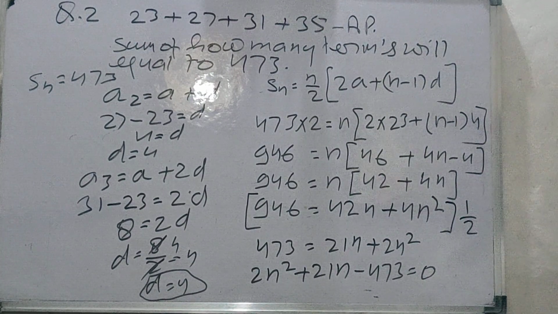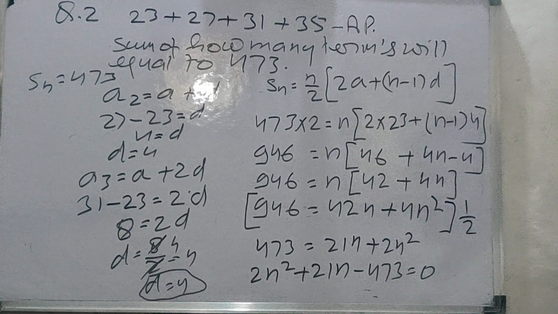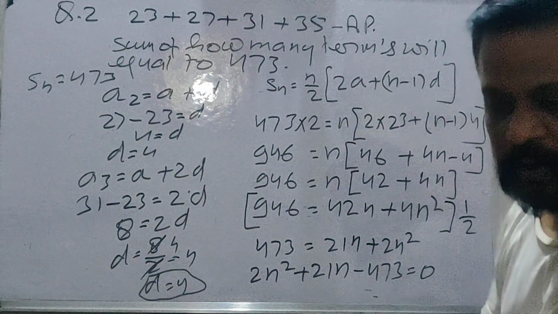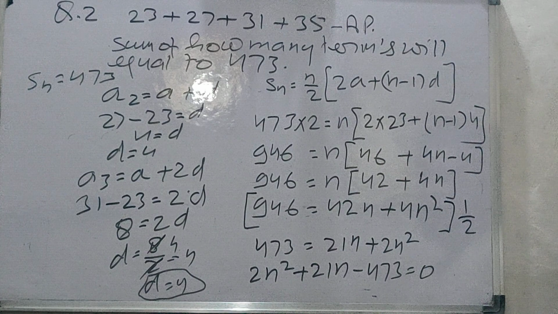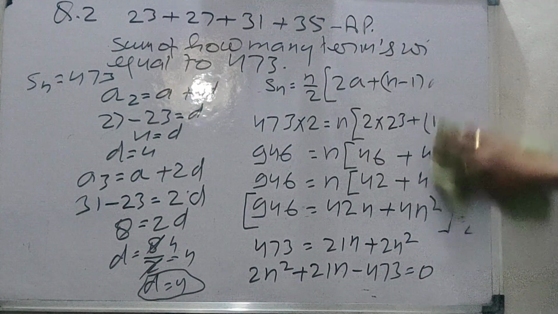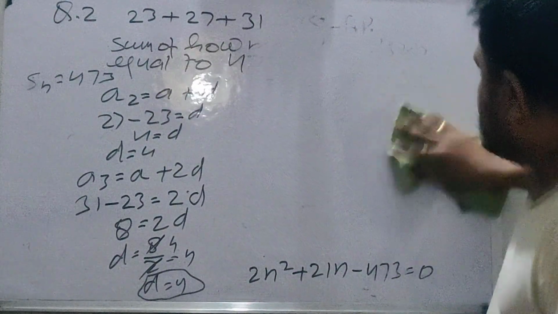So this is how we get this equation. Now we have to solve this quadratic equation and then we get the number of terms. So I am going to rub this, then only we can solve this quadratic equation. Fine.